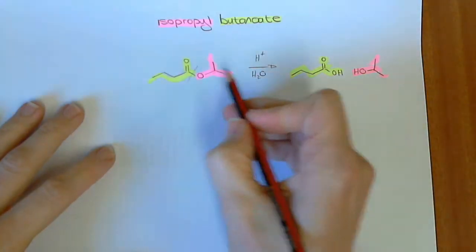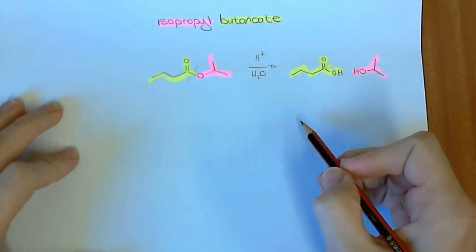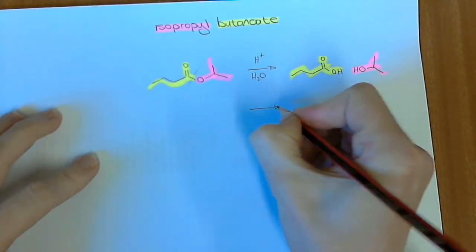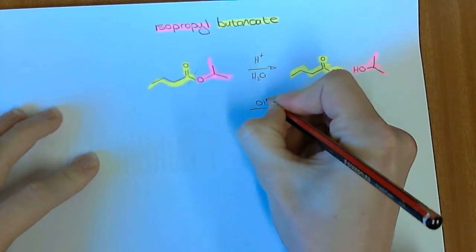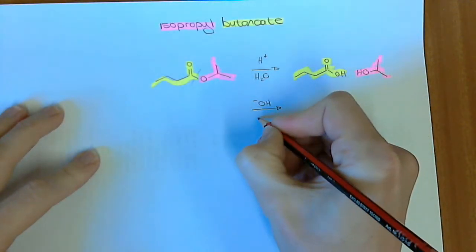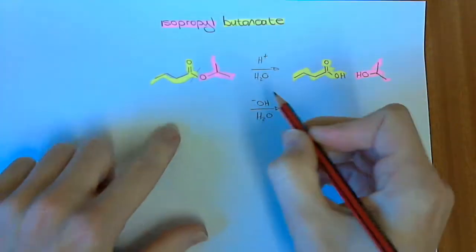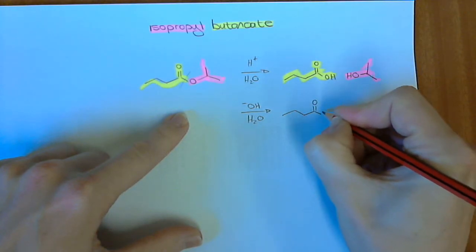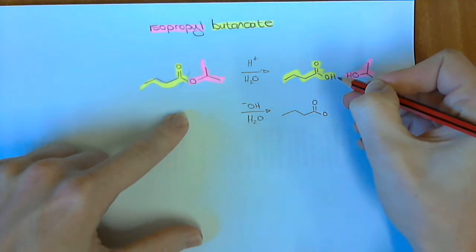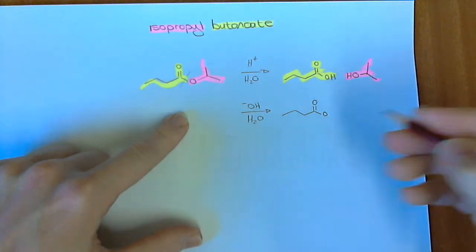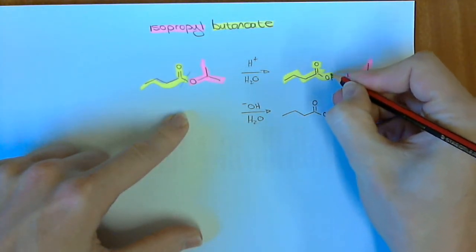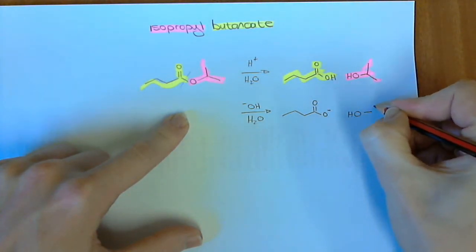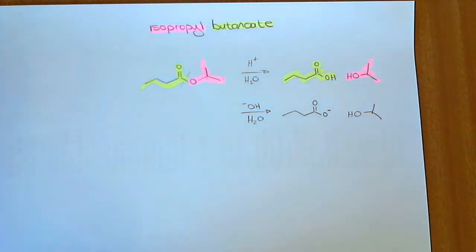Now, the way that this occurs, there's a bit of a mechanism that's involved, and it's quite an involved one. But what I want to do is the mechanism for the base hydrolysis, not the acid one, but where we use base. The point here is that when we use base, our product can no longer be an OH because the base is going to pick up that H, because this is a carboxylic acid, and so we end up with the carboxylate, and we end up with the isopropanol like that.